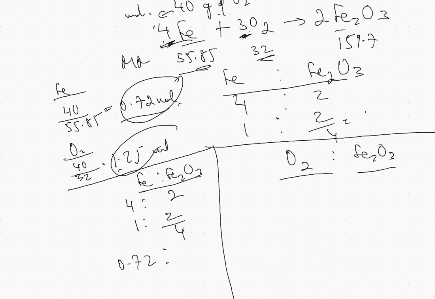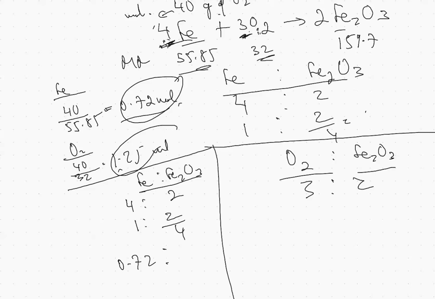The ratio between these two is 4 to 3. Whatever the excess we have, it doesn't matter really. They're asking how many grams. So first of all, find out which one is the limiting. Then that is the ratio that is going to count. Oxygen 3 giving 1 would be 2/3.